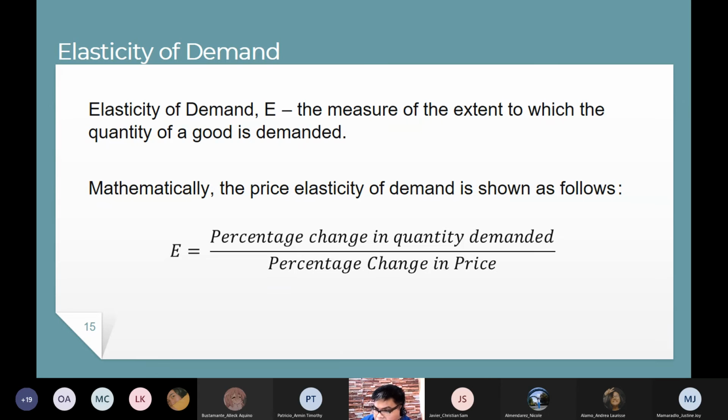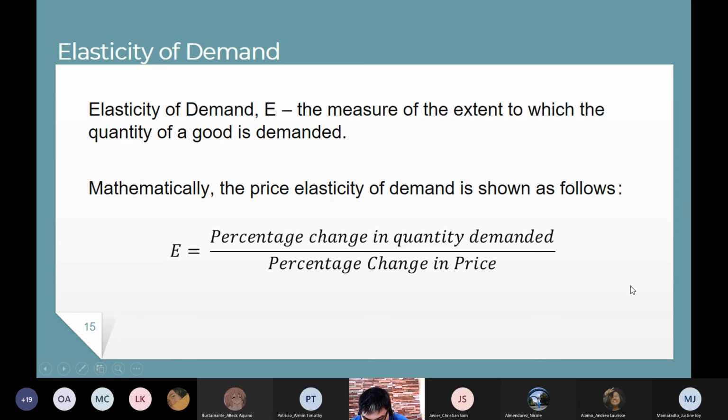Hanggang saan po na itong item na to ay in demand? Hanggang kailan? Until when? So the elasticity is a measure of the extent to which the quantity of a good is demanded. Yun lang naman siya. Inulit ko lang.